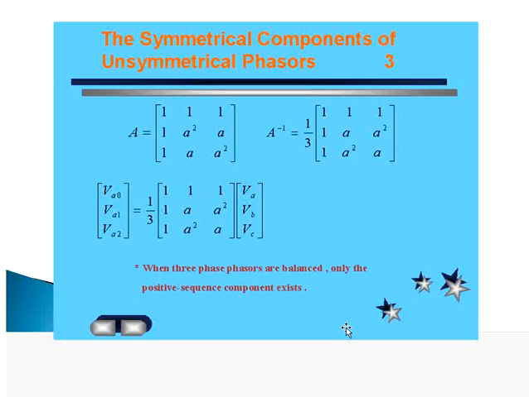You will learn this in the next class; there is a small derivation of why only VA1 exists and VA0, VA2 are 0. So when a three-phase balanced system occurs, VA0 and VA2 equal 0, and VA, VB, VC equals 0, VA1, VA2. We will see the derivation.